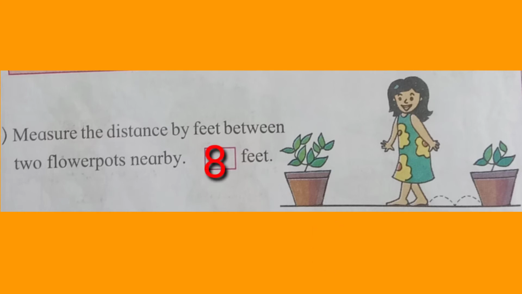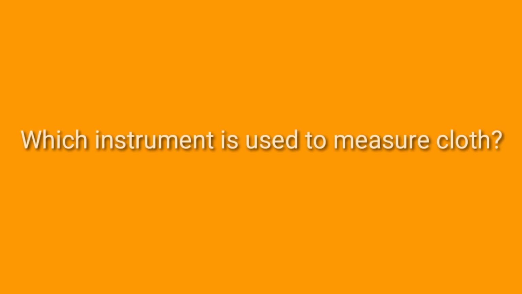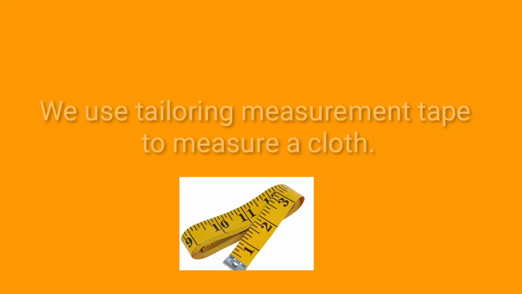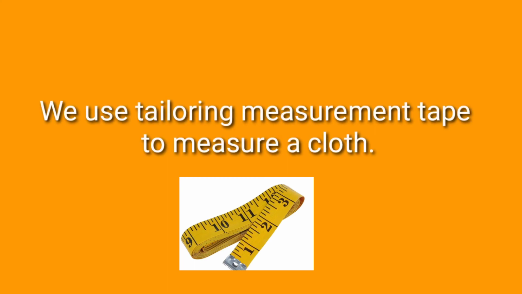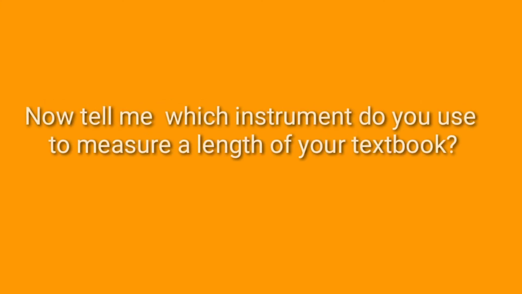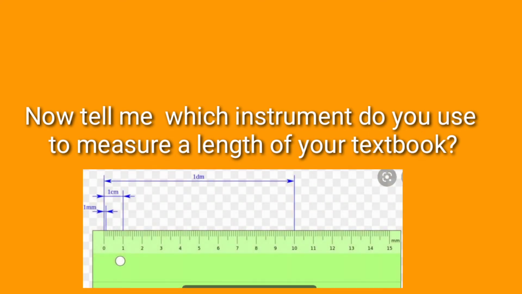Understood? Now tell me, which instrument is used to measure cloth? Yes, correct. We use tailoring measurement tape to measure a cloth. Now tell me, which instrument do you use to measure a length of your textbook? Yes, correct.